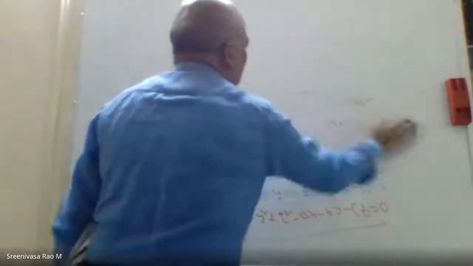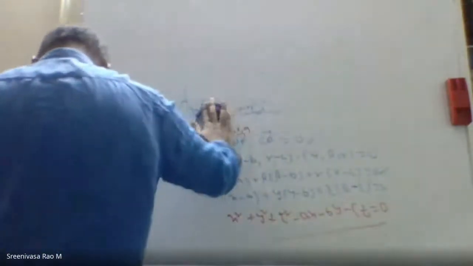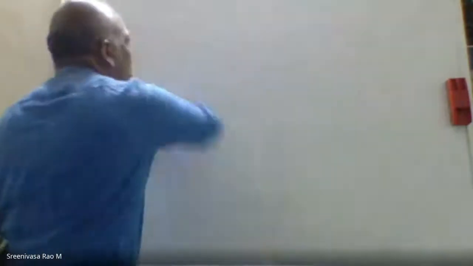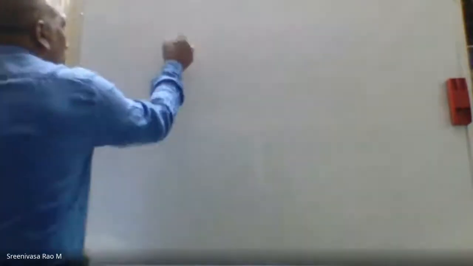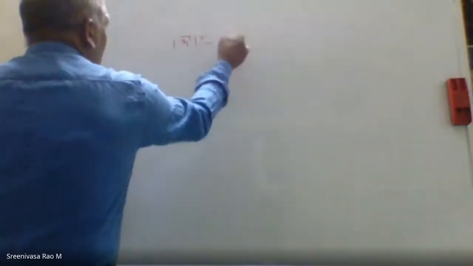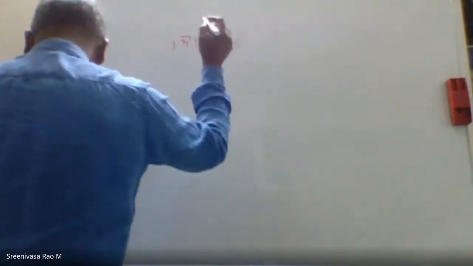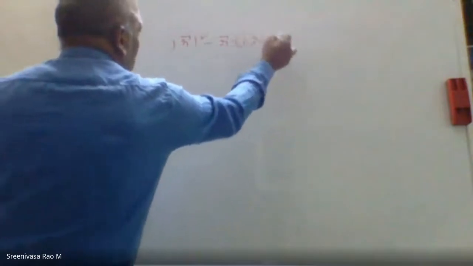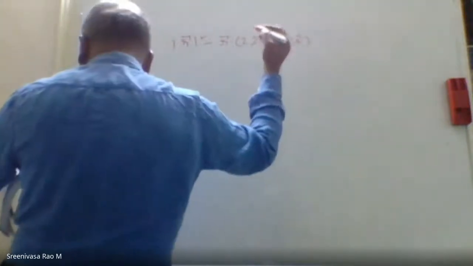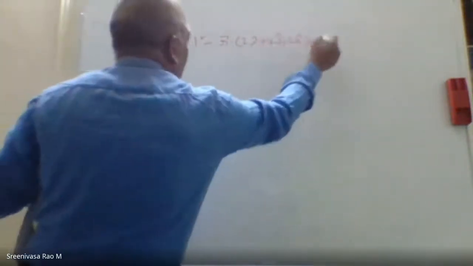The equation mod r bar square minus r bar dot 2i cap plus 4j cap minus 2k cap minus 10 equal to 0.